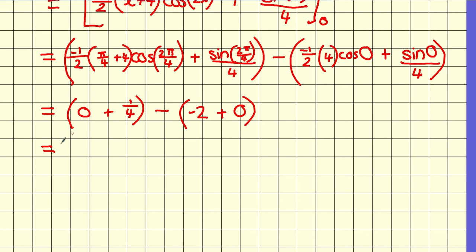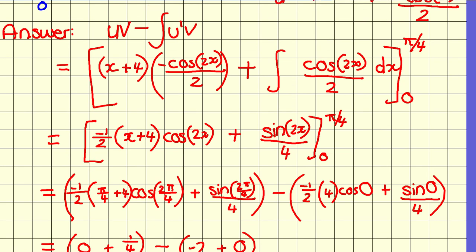Alright, so we simplify this. 0 add a quarter, just a quarter. Minus minus is a plus. And that just gives you 9/4 for that one. Okay, so pretty much the exact same as what we've done.